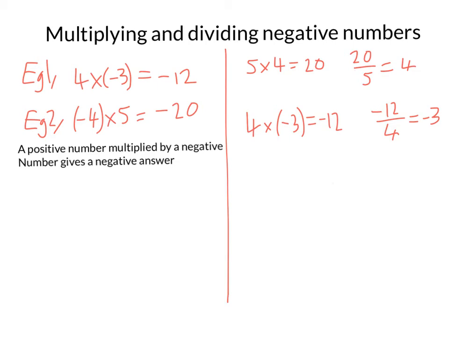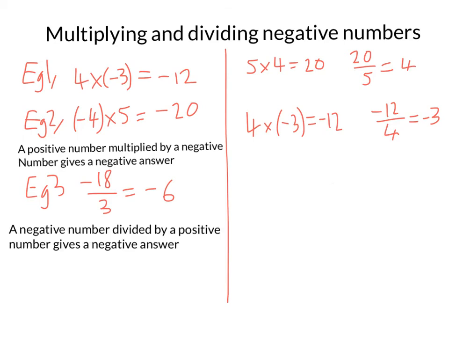So our third example, using that idea: if we have negative 18 and we divide it by 3, you would get negative 6. To summarise that, we can say a negative number divided by a positive number gives a negative answer.